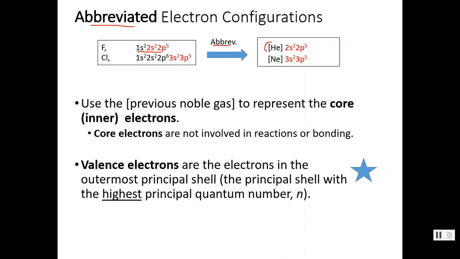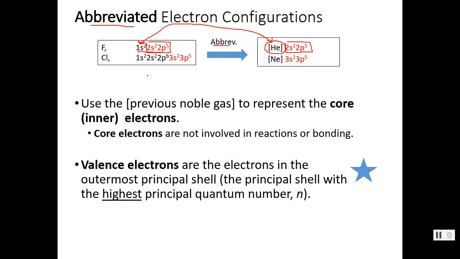So you put helium in brackets, which takes the place of the 1s2, because the electron configuration for helium is 1s2. Then you write the rest as you would normally: 2s2, 2p5.